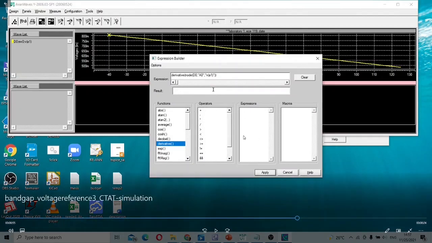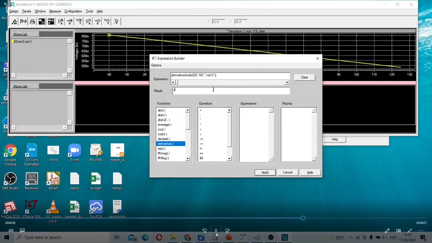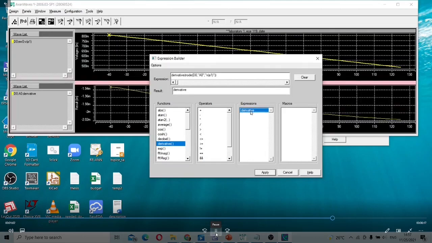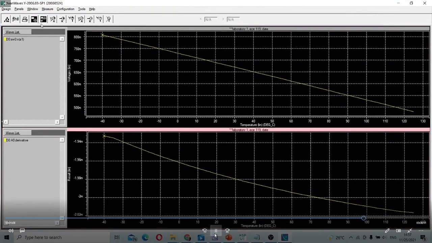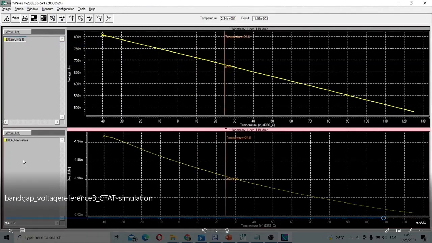It is important before applying what you have put in your expression to put a name, what would be the result name for this expression. So after that, you have already added the panel and put that in our panel, the derivative or the slope of the voltage A1, or the CTAT voltage.